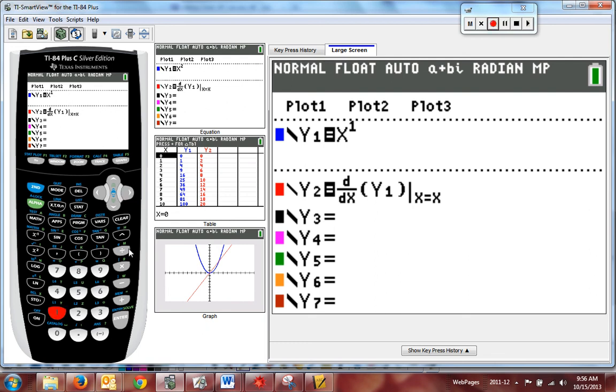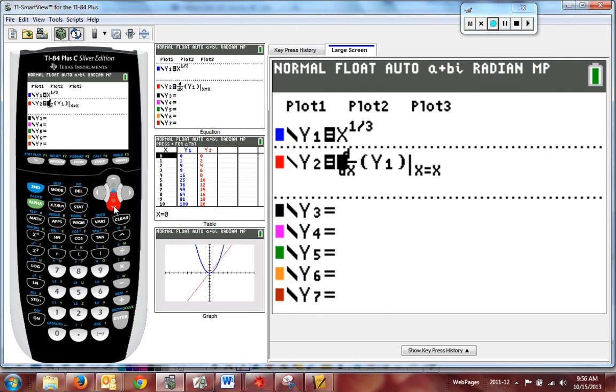So I'm just going to type in 1 divided by 3 as my exponent. If you are not in MathPrint, you see how in my MathPrint that I have my 1/3 already up in the exponent? If you have to do caret 1/3, you have to put parentheses around the whole 1/3 so it knows the whole 1 divided by 3 is the exponent. So be careful about that.